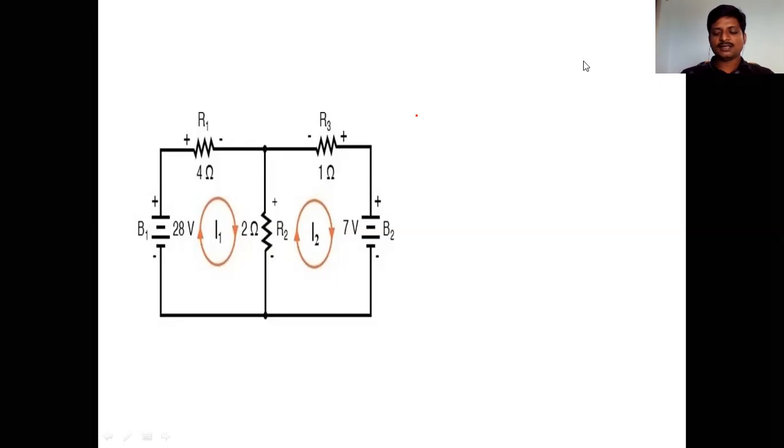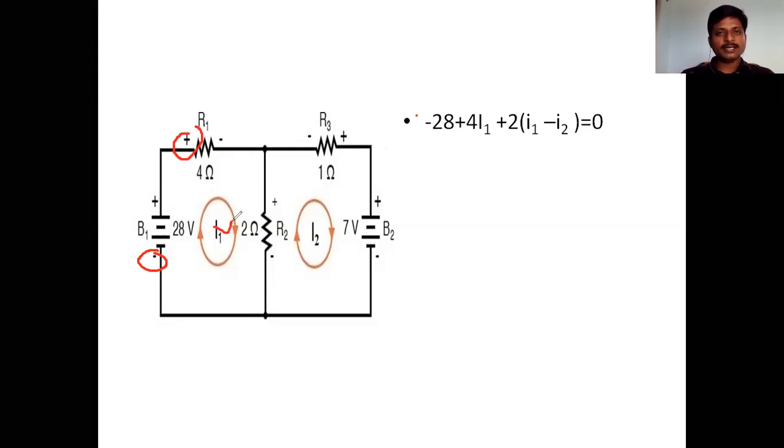First, let me write the equation for the first loop. So this is the equation. Minus 28 plus 4 into I1. 4 into I1 is the voltage drop.